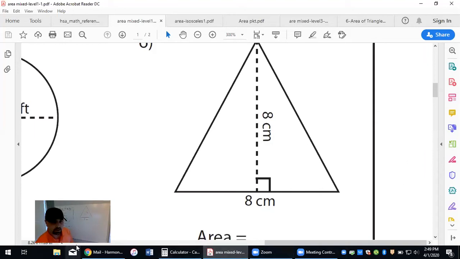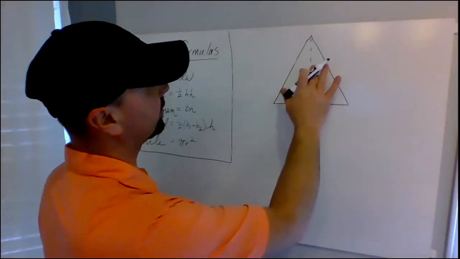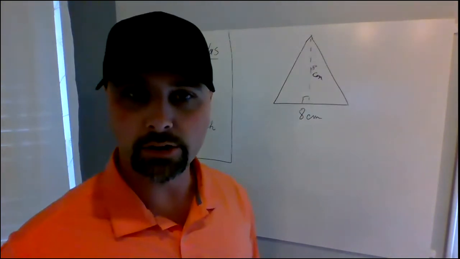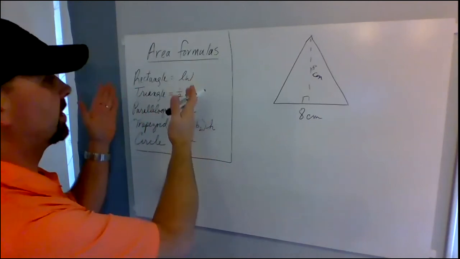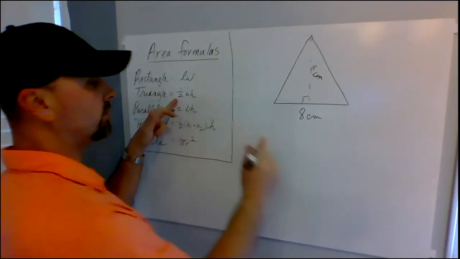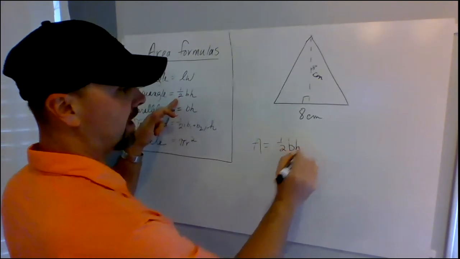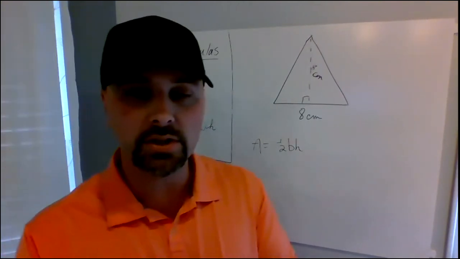Okay, now that you're back, let's take a look at this. It's a triangle. So what you should have done is first go to your formula sheet, unless you already have these memorized. To find the area of a triangle, you're going to do 1/2 times the base times the height. You remember what I talked about yesterday?